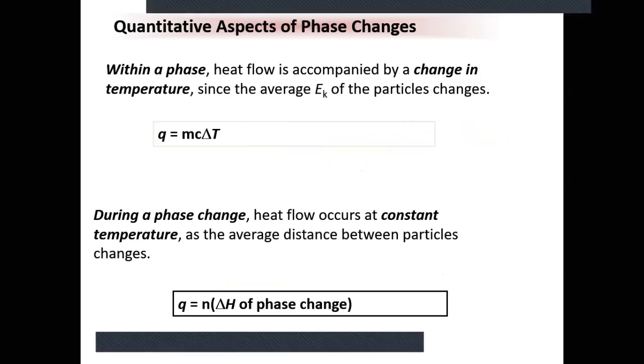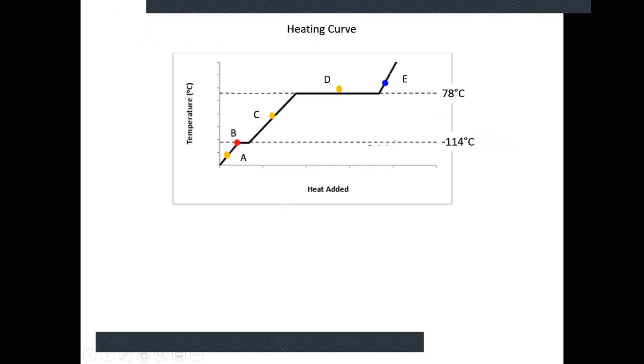So the next few examples are actual calculations in calculating the amount of heat released or absorbed for a substance. Just to recap, now we see a heating curve again on the slants.